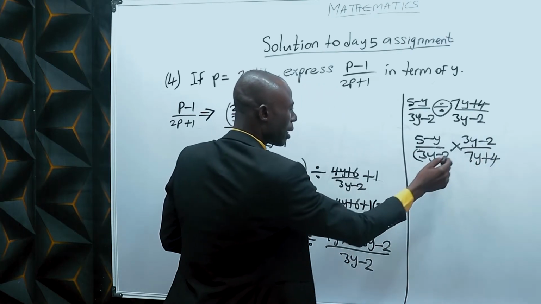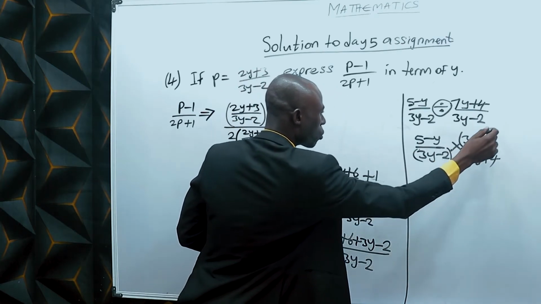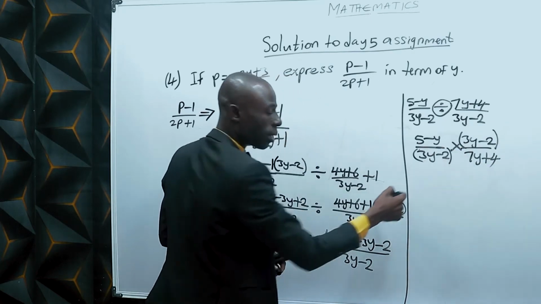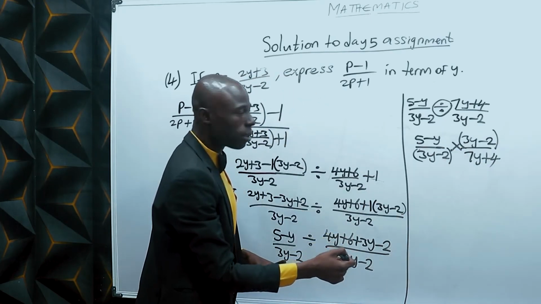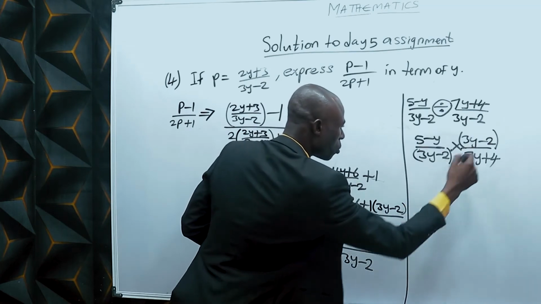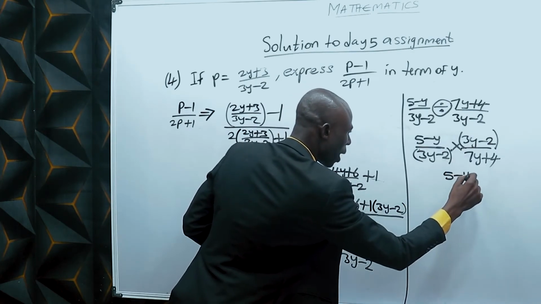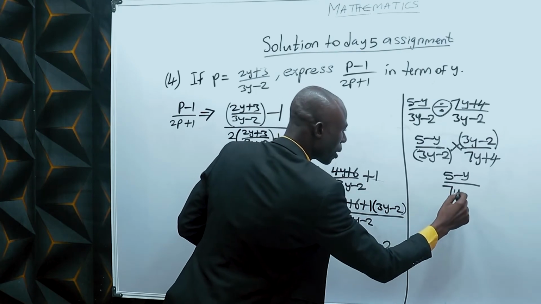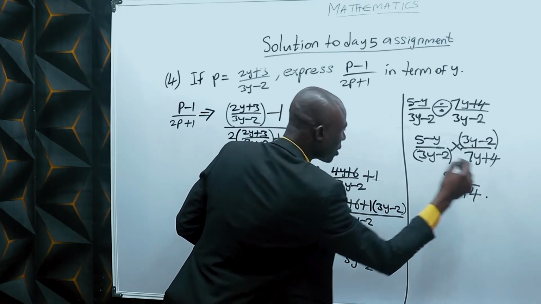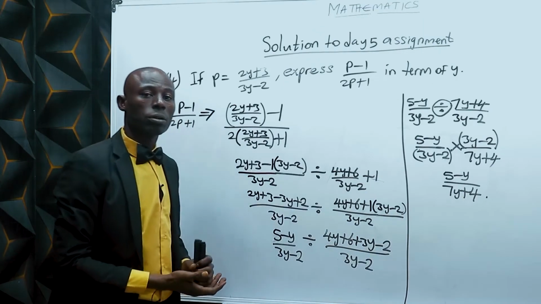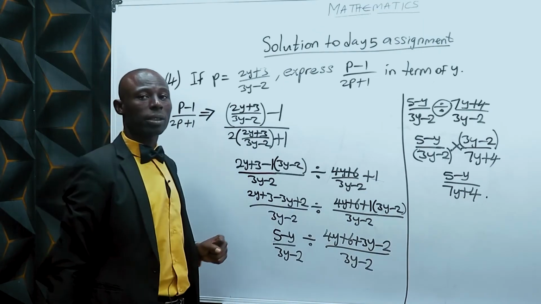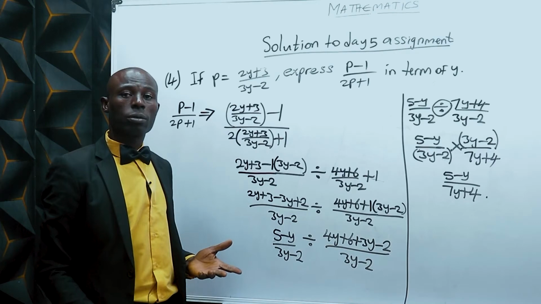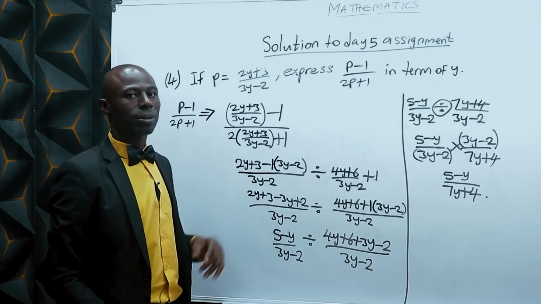You can see that this will cancel this. So you will have in the numerator part 5 minus y left, all over 7y plus 4 in the denominator part. And that is the end of the solution to the assignment. We can now move on to today's work.